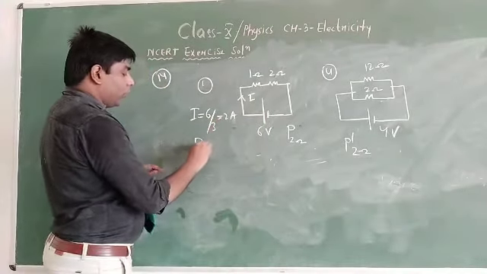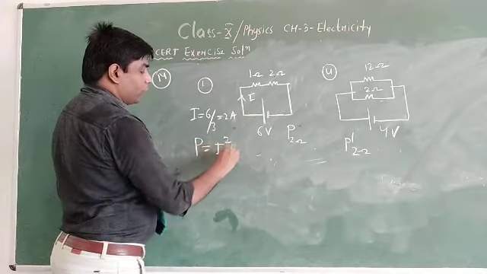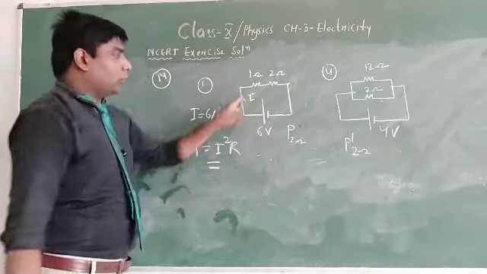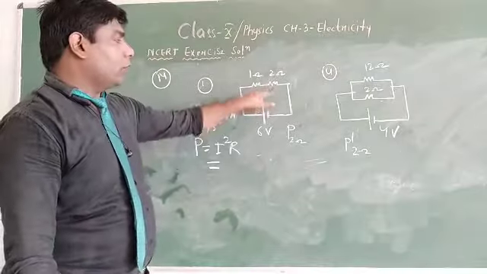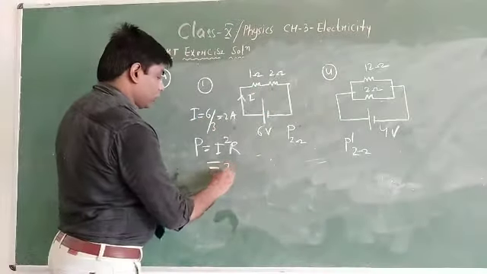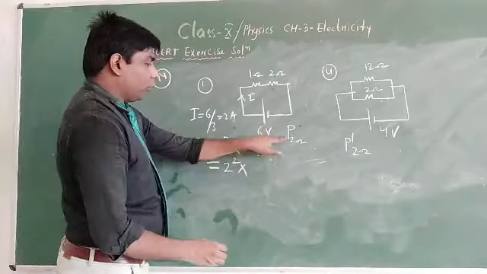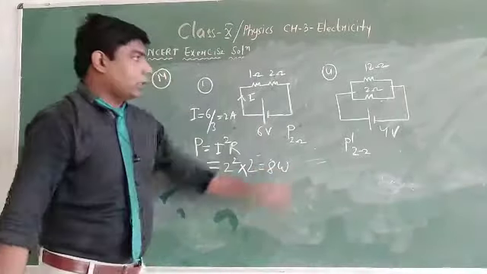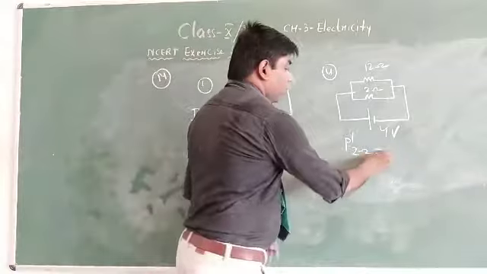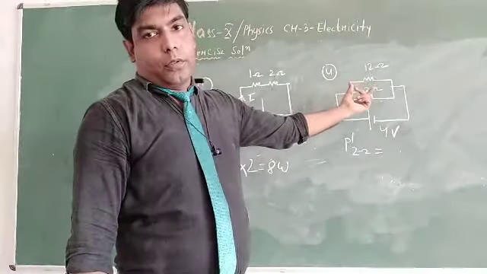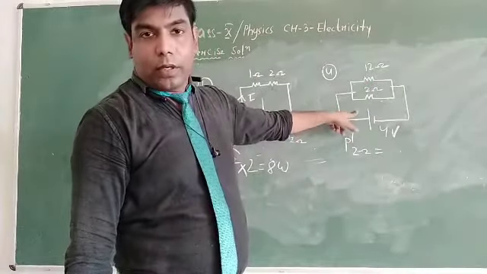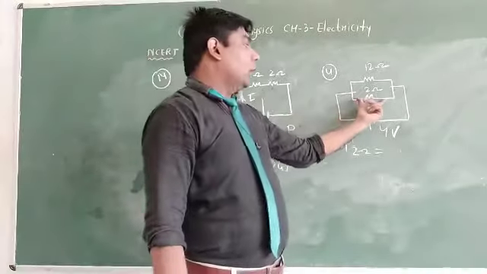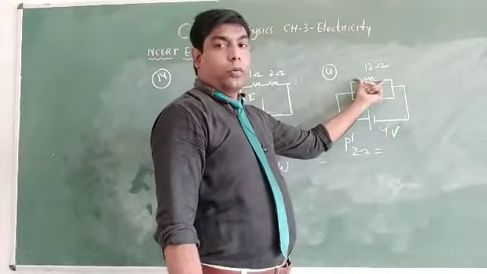You know power is equal to I square R. Both are connected in series, so current will be the same. That is 2 square into 2 ohm, so 8 watt, right? Here, you know, in parallel voltage is the same. Here no need to find out the value of current because here also 4 volt, here also 4 volt.